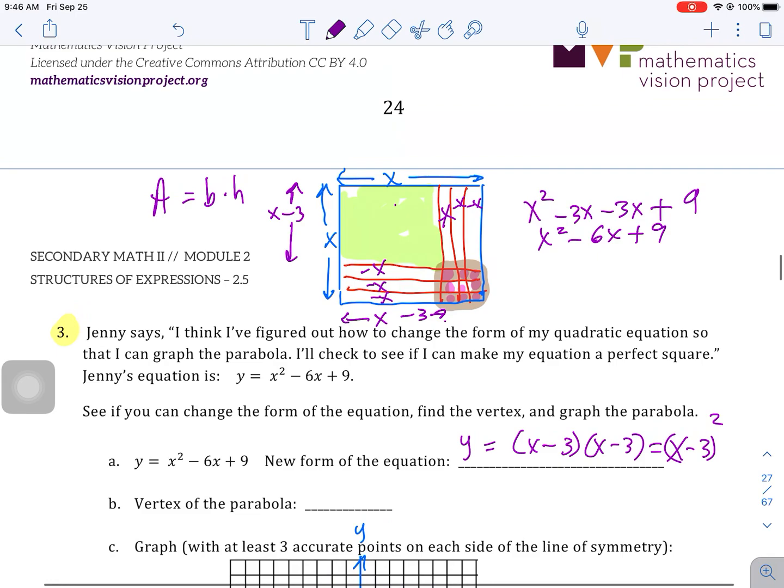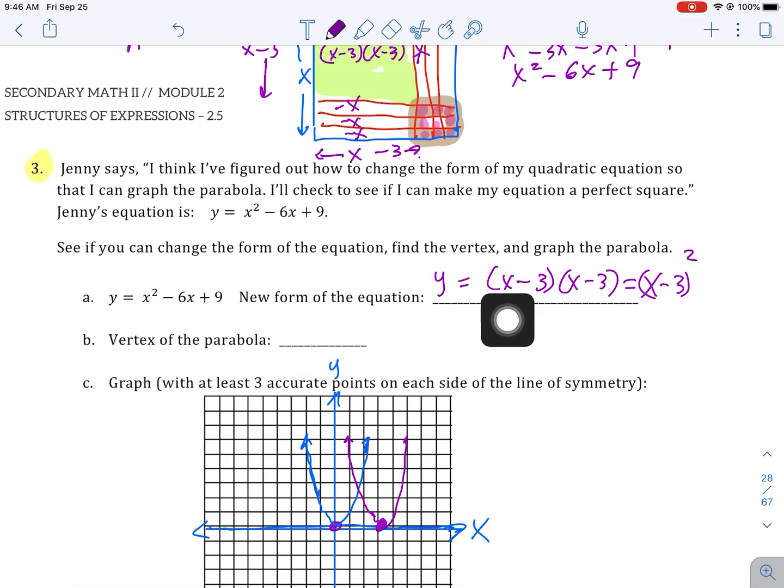Okay, so you've got x minus 3 times x minus 3, because that's the dimensions of the green box. So the other way we can write it is x minus 3 times x minus 3. You're representing the area. That's also equal to x minus 3 squared.